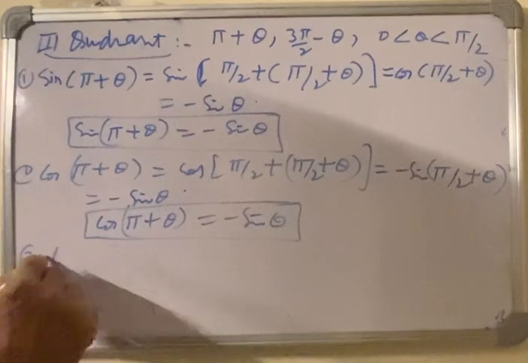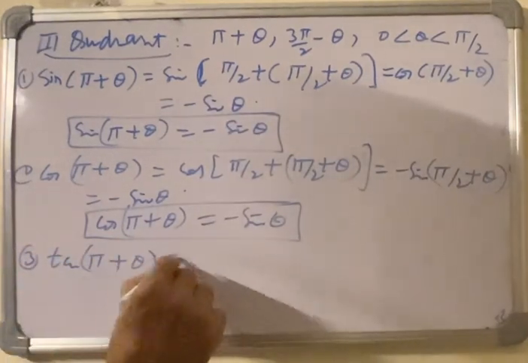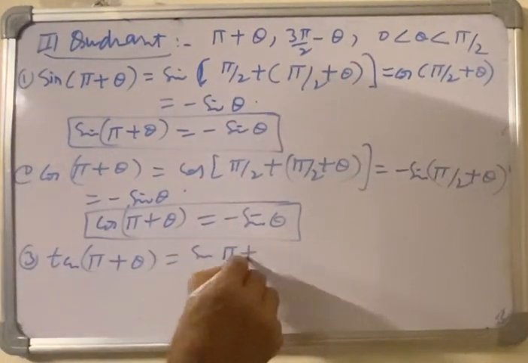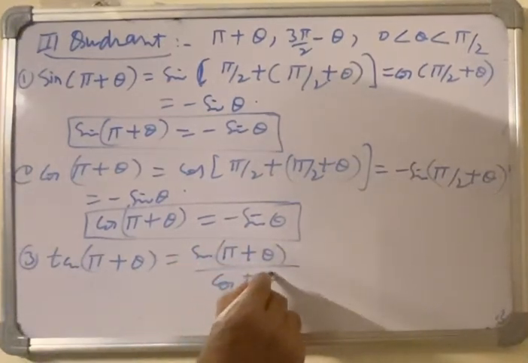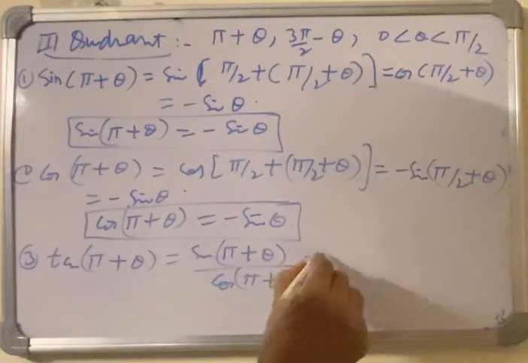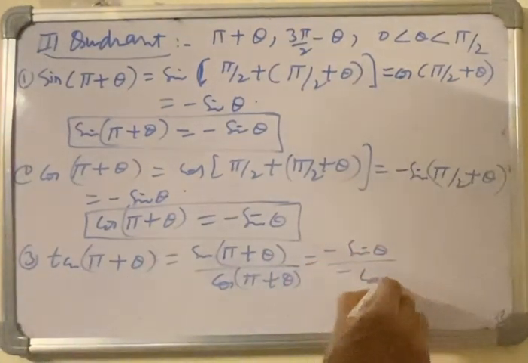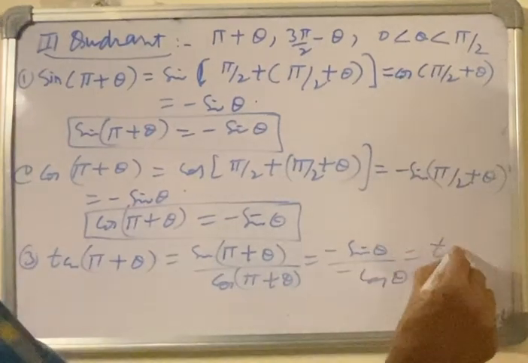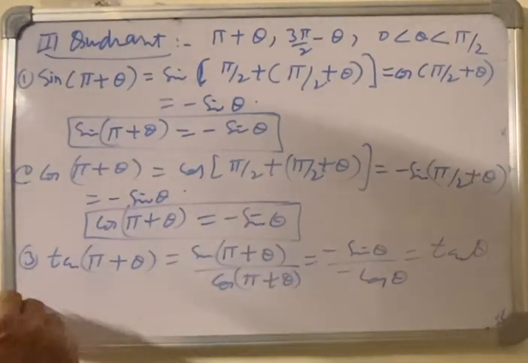Third is tan pi plus theta is equal to sine pi plus theta over cos pi plus theta, is equal to minus sine theta over minus cos theta, which is tan theta. So tan pi plus theta is positive in the third quadrant.